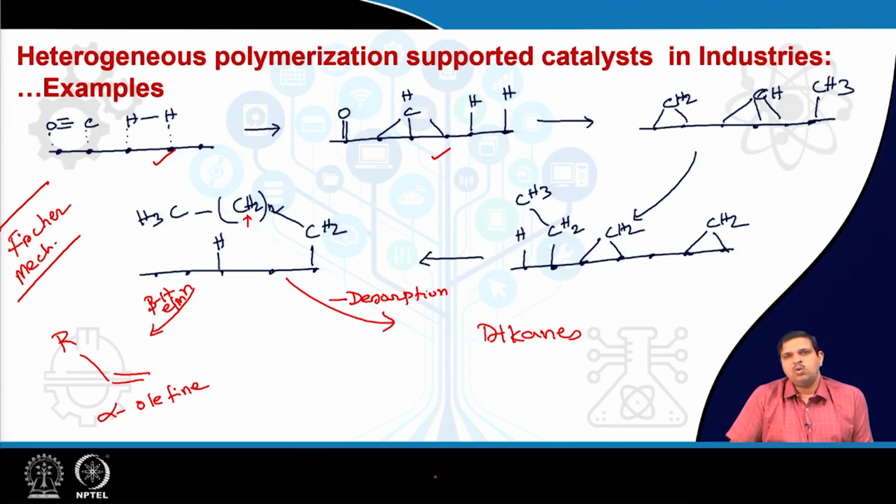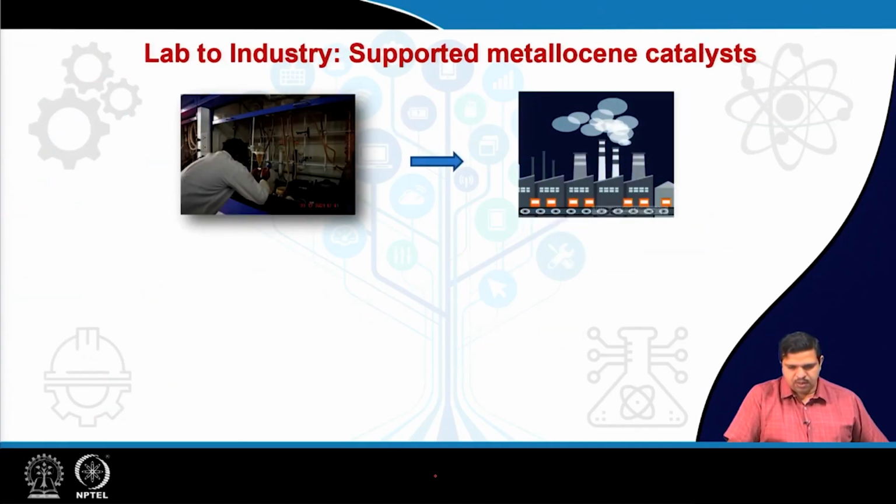Here you will not get high molecular weight, you will get small molecular weight alkanes, like octane, heptane, nonane, and to some extent some alpha olefin also, okay, fine.